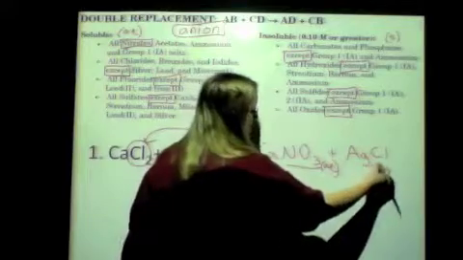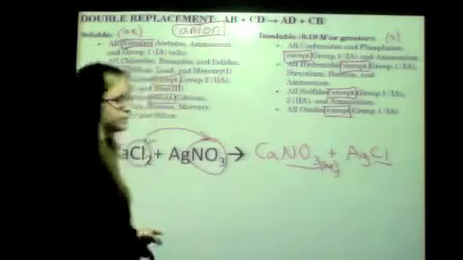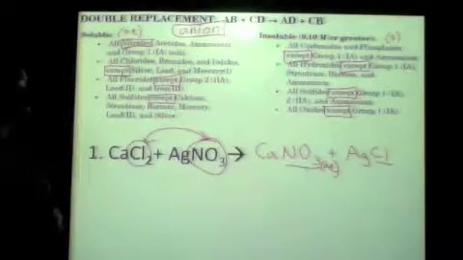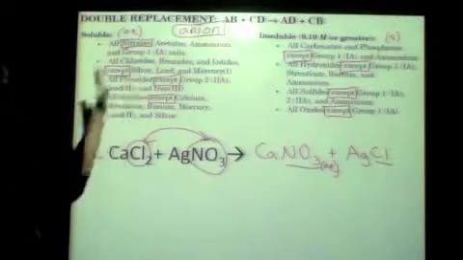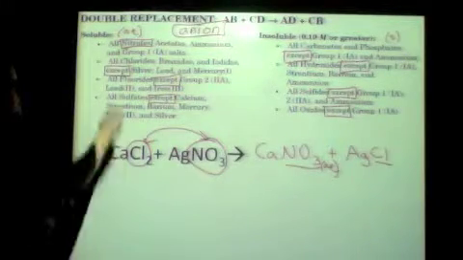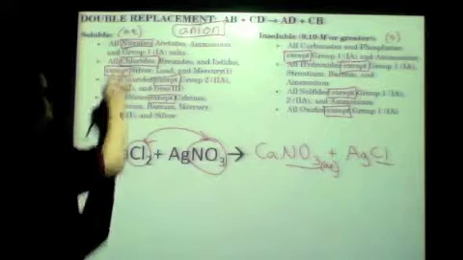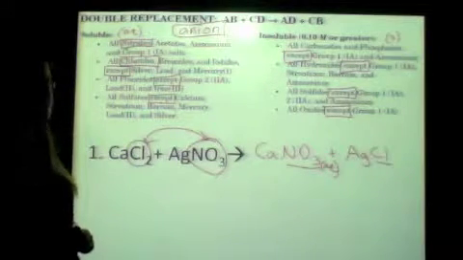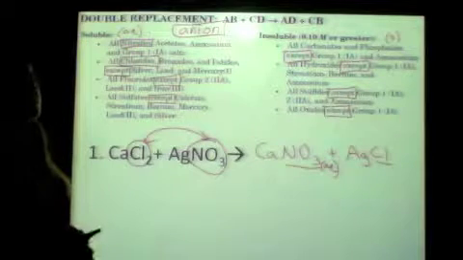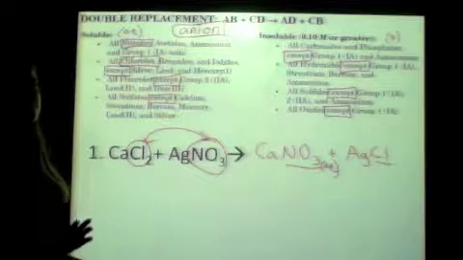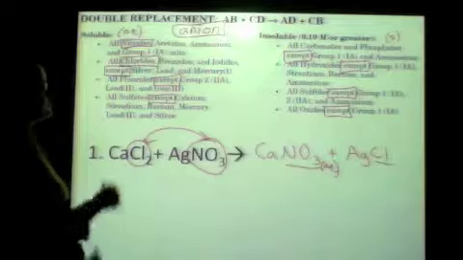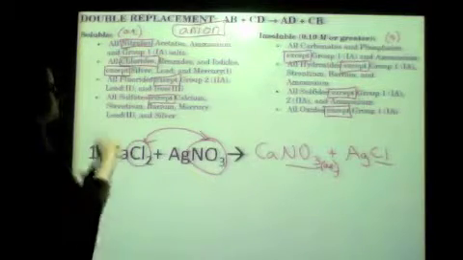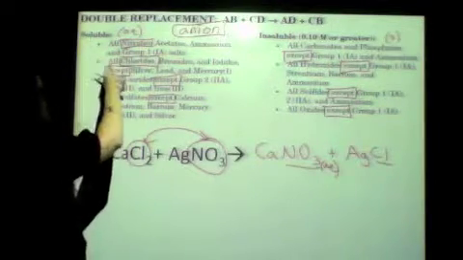So AgCl. Which one is the anion? Cl, which is chlorine, which we're going to look for chlorides. So where on this does it talk about chlorides? Right there. So now what happens is I'm going to have half of you that are going to go ahead and put that as aqueous and move on from there. But you will be wrong. That's why you have to read just a little bit further.